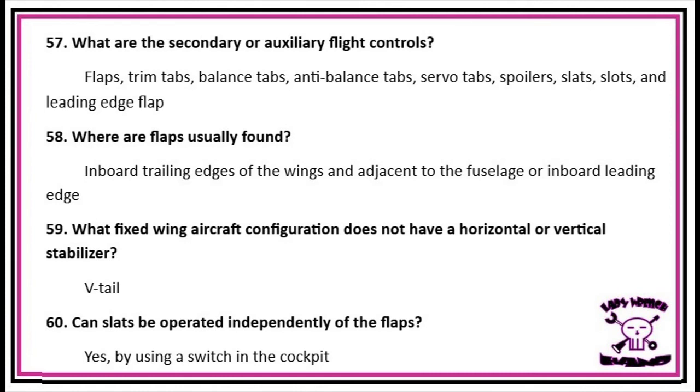57. What are the secondary or auxiliary flight controls? Flaps, trim tabs, balance tabs, anti-balance tabs, servo tabs, spoilers, slats, slots, and leading edge flap. 58.